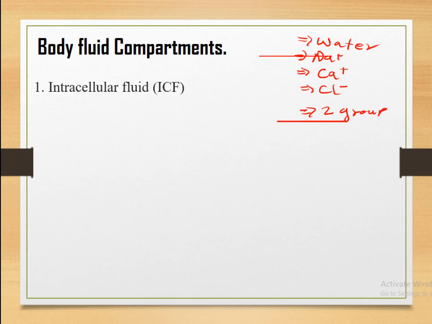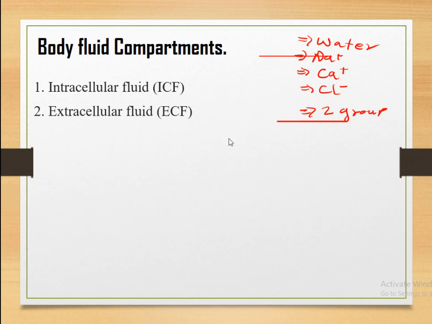The first body fluid compartment is the intracellular fluid, and the second one is the extracellular fluid. The intracellular fluid is not further divided, while the extracellular fluid is divided into two groups.